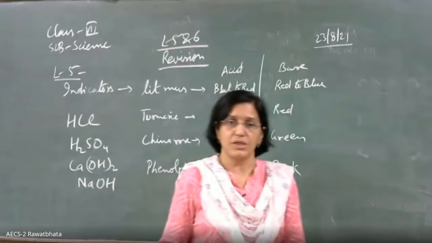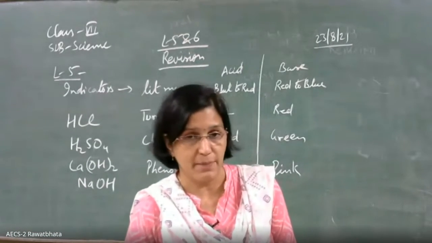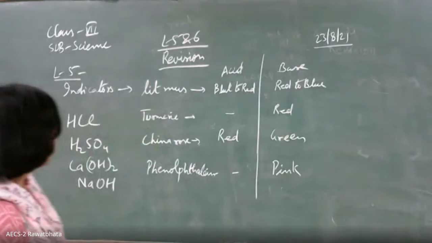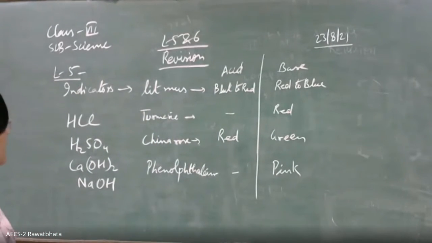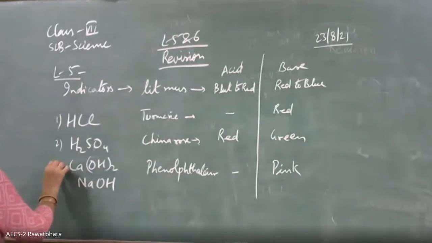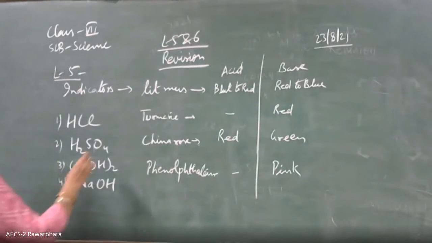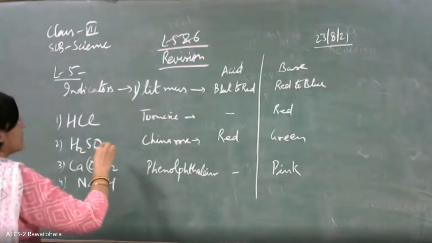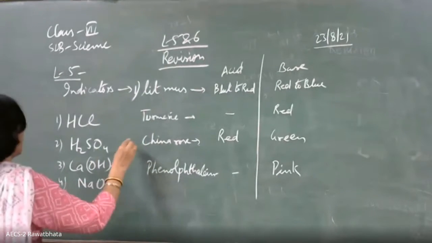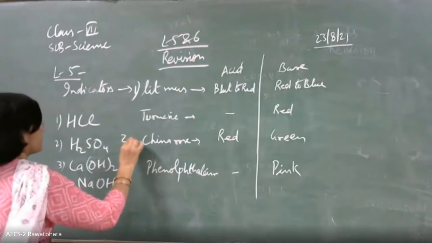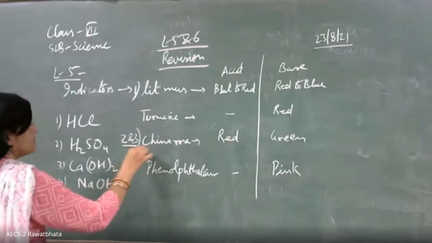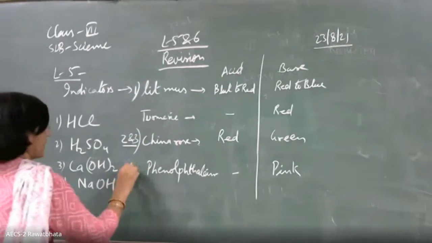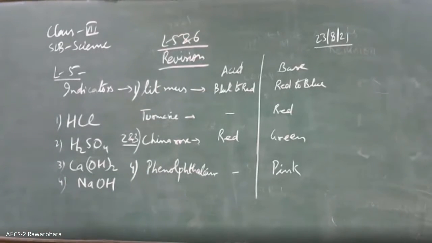For HCl, you are going to give me its name and the color changes for litmus. This is first, second, third and fourth. The first one and the second we deal with litmus, the second and third with China rose, and the fourth with phenolphthalein.